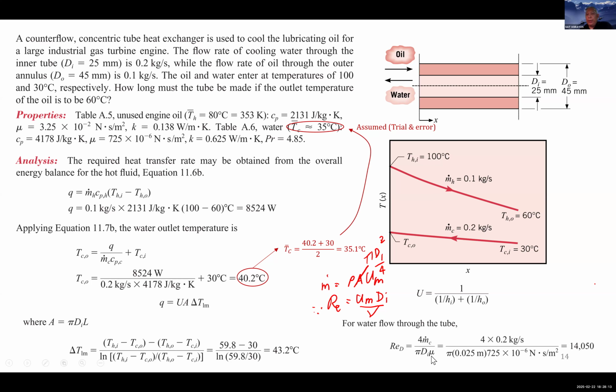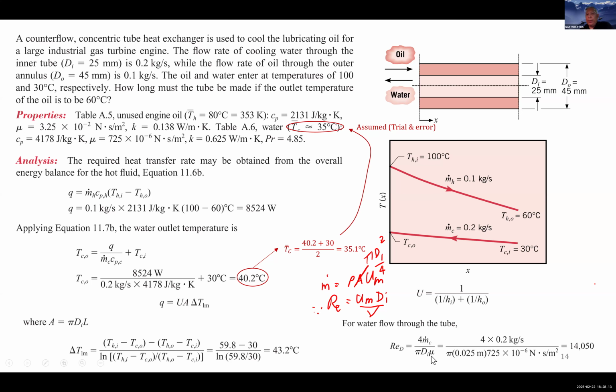Plug in, and you're going to have the Reynolds number equal to 14,050. So this is turbulent flow inside the inner tube. You have to find the Reynolds number because it is needed to find the HI.